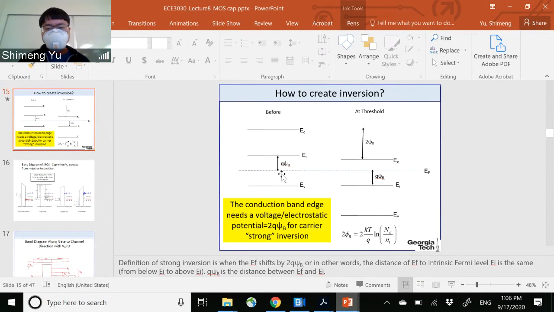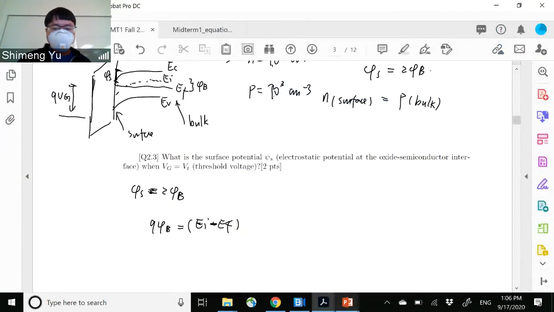And then you know EF is determined by the doping Na, and EI corresponds to the intrinsic Fermi level. That means intrinsic carrier density Ni. So 2 phi b can be given by this one. You can directly use this one. Phi b is like this, kT log Na over Ni. Of course, you need 2 phi b. And then divide by Q. So you can get the phi b this way.